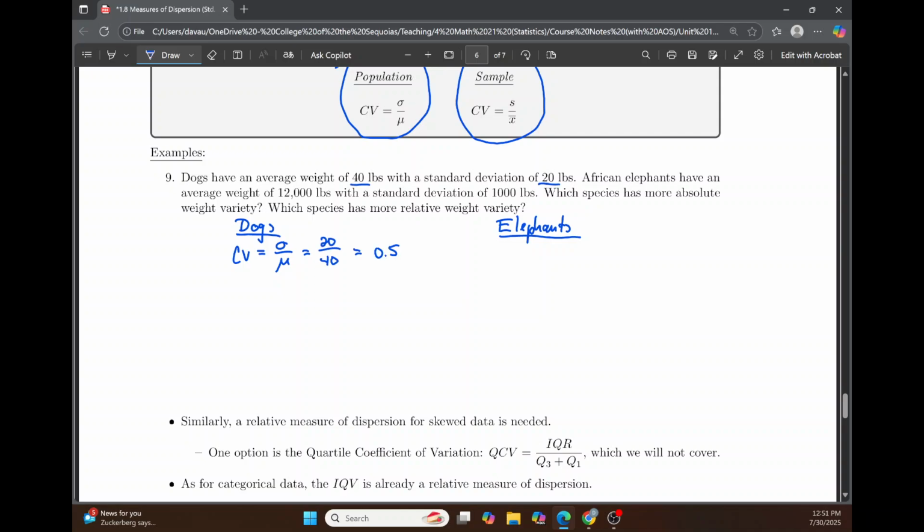For elephants, the CV is again standard deviation divided by mean. In the case of elephants, that's going to be 1,000 divided by 12,000. I'm just punching this into my calculator. That comes out to about 0.083.